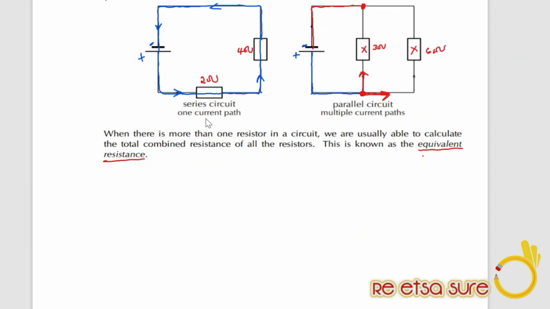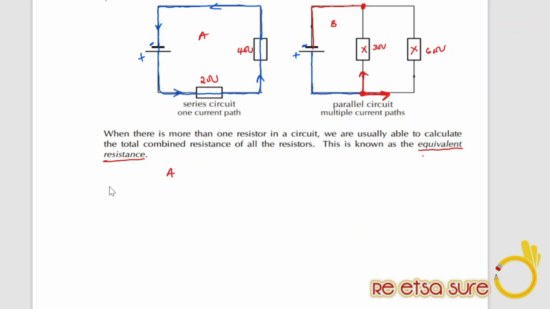Now the question says determine the equivalent resistance. Let us start with A. This is circuit A, and this is circuit B. When we determine the total resistance of the circuit, number one, we need to identify whether the circuit is in series or in parallel. Circuit A is obviously connected in series.